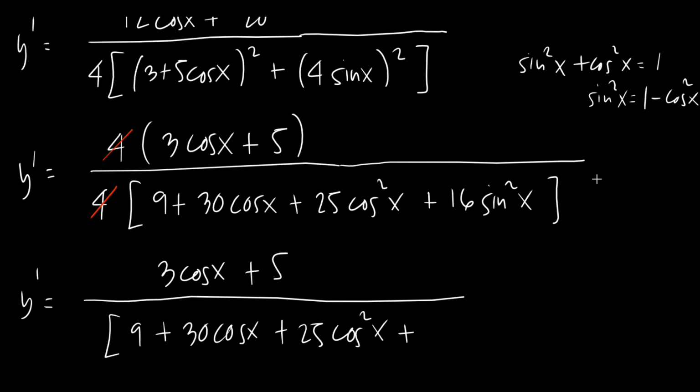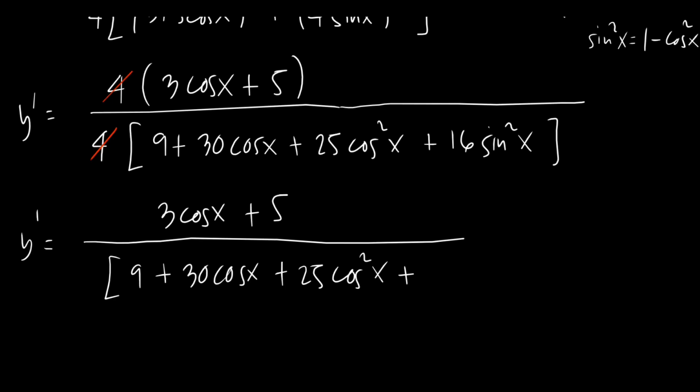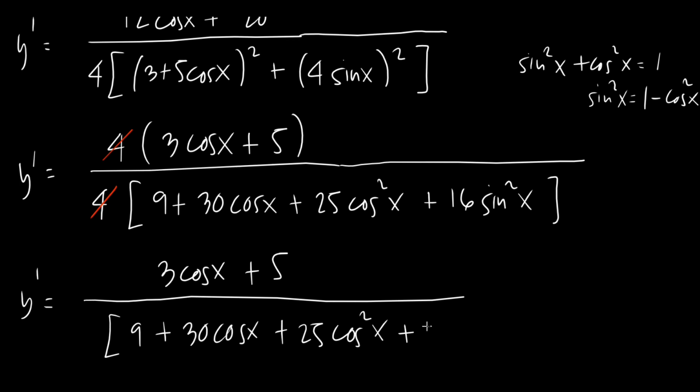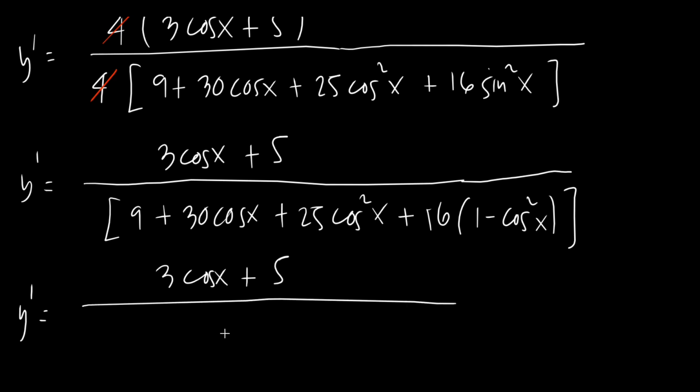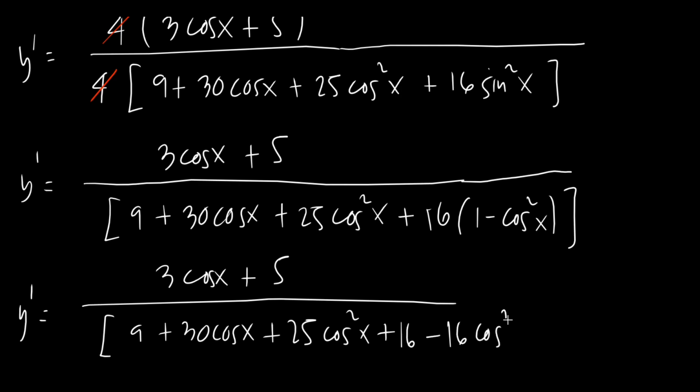So let's substitute this here. We have 16 multiplied by 1 minus cosine squared x, close bracket. So y prime is equal to 3 cosine of x plus 5, and simplifying further, 9 plus 30 cosine of x plus 25 cosine squared x plus 16 minus 16 cosine squared x.